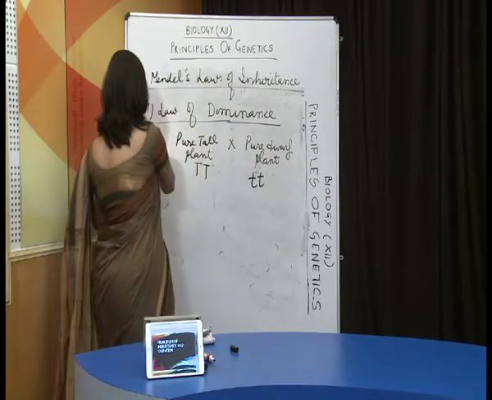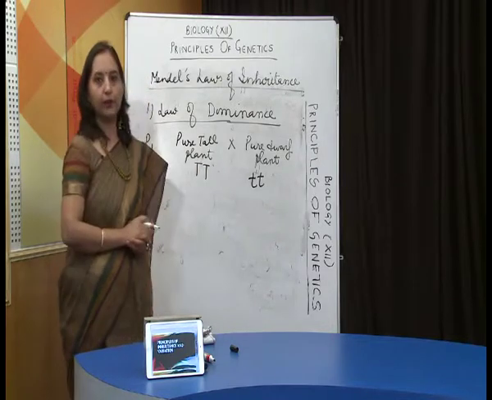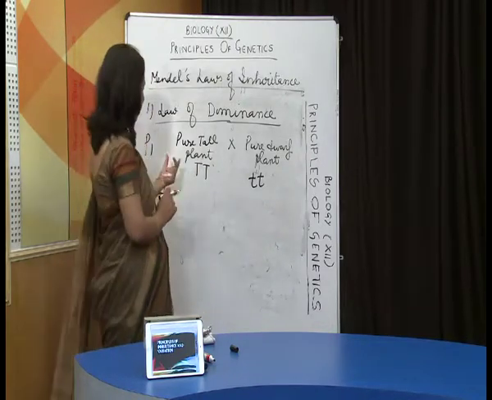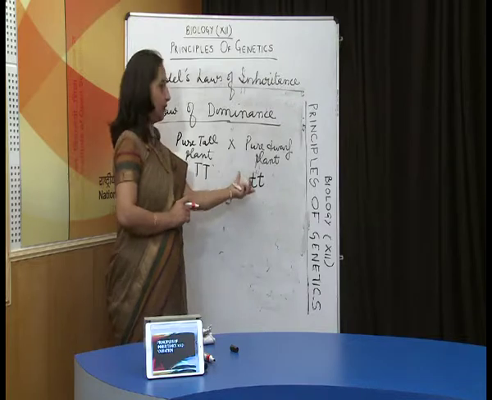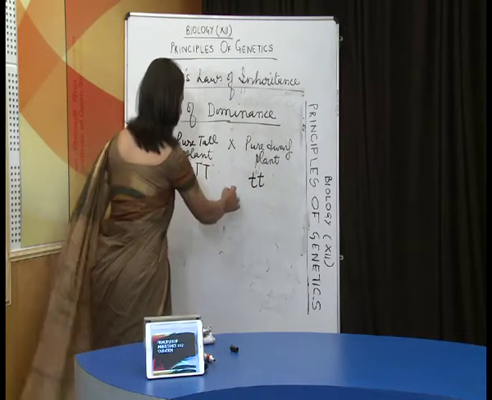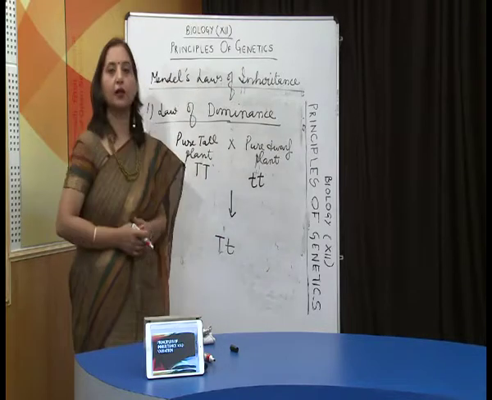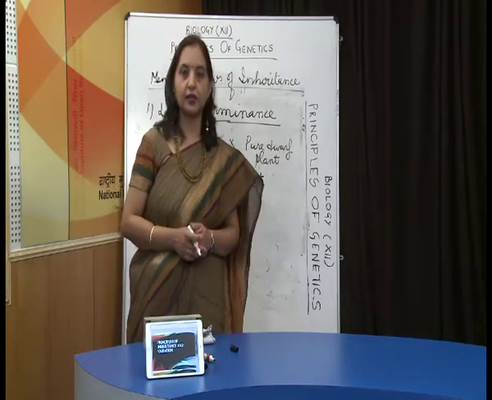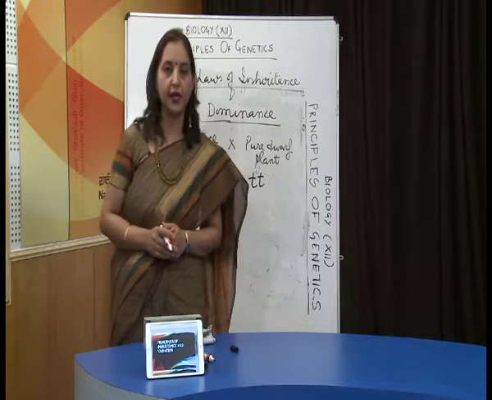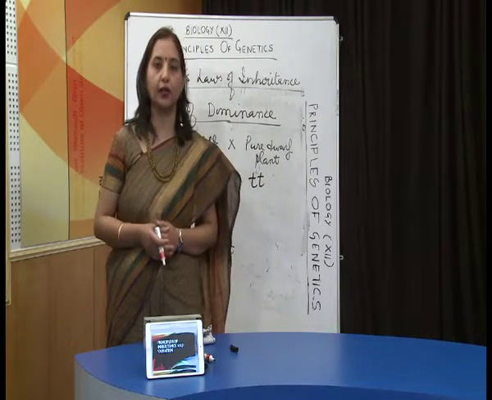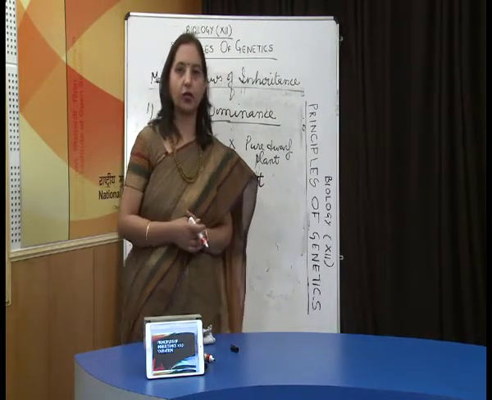These are the parents, and we represent parents by P1. So, when Mendel crossed pure tall plants with pure dwarf plants, in the first generation he found that 100% plants were tall. That means the character of tallness is dominating over the character of dwarfness or shortness.